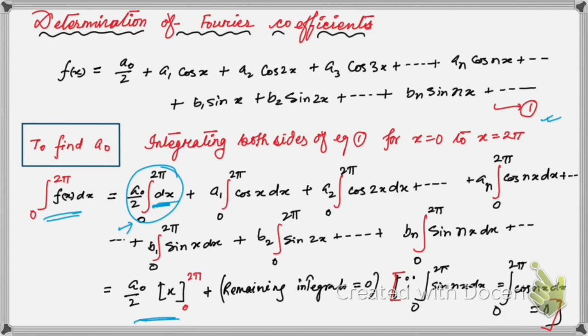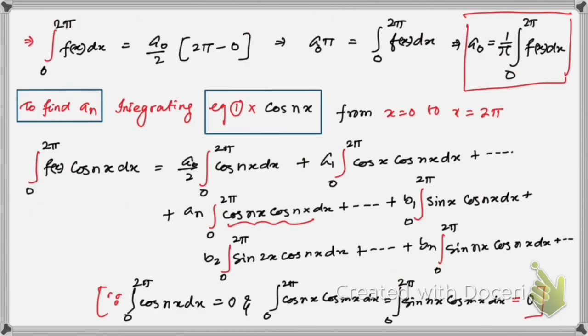Both sides of this equation are multiplied by cos nx, and then it is integrated from 0 to 2 pi. So here you can see, after multiplication by cos nx and integrating, we have got this.